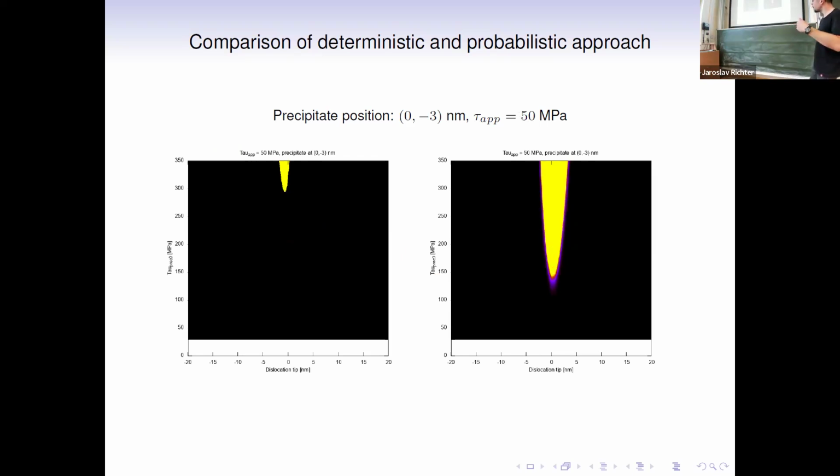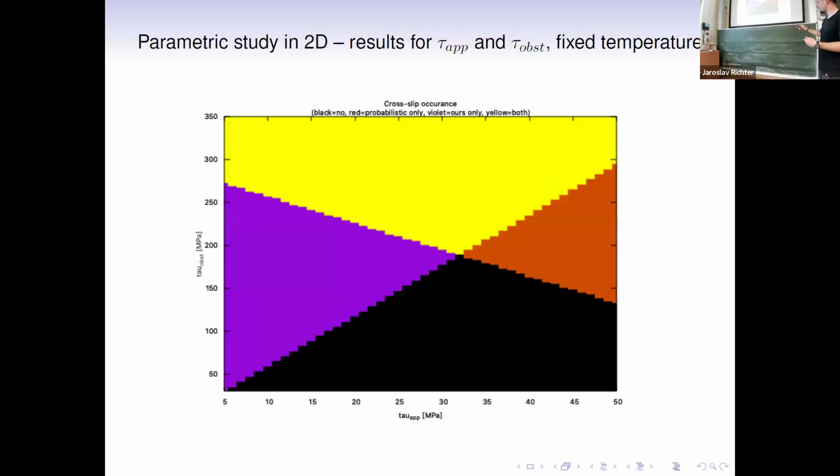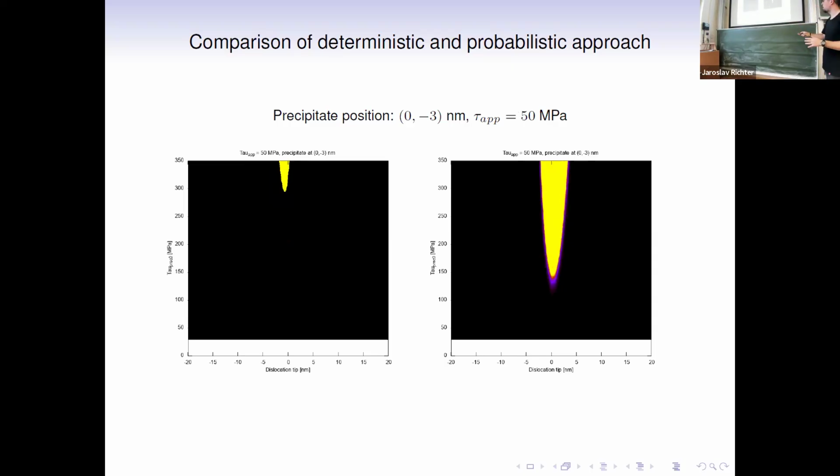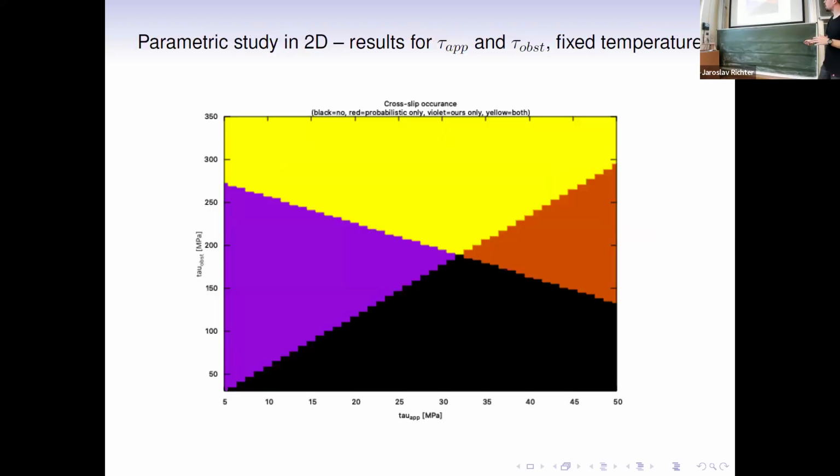And the bigger the applied stress, the bigger the differences. The basic message is that for lower applied stresses, the probabilistic and the deterministic descriptions are kind of comparable. And we try to summarize our calculation in such a stress map.